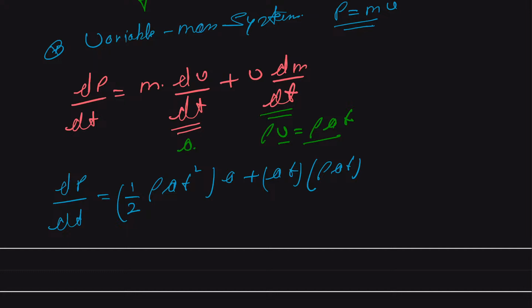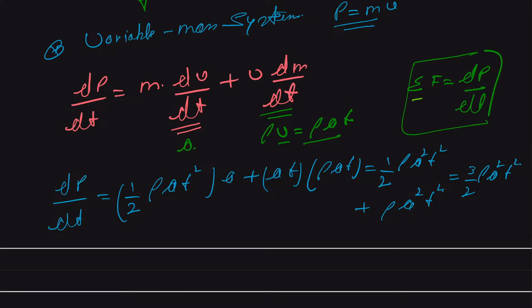And so this will be half rho a square t square plus rho a square t square, which gives us 3 by 2 rho a square t square. Okay. So this is our rate of change of momentum. Now we come to the forces, because we are going to use that the summation of the forces is our rate of change of momentum.